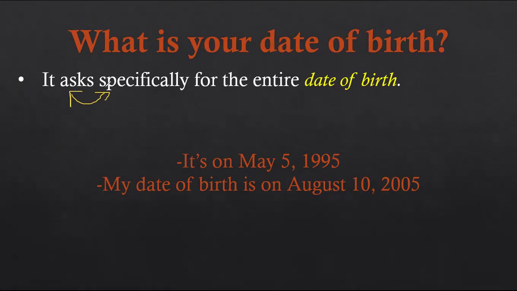Okay, so let's check this. Hey, Thomas, what is your date of birth? It's on May 5th, 1995. My date of birth is on August 10th, 2005. Sorry, 2005. I just remember because I had a question before with the same pronunciation.